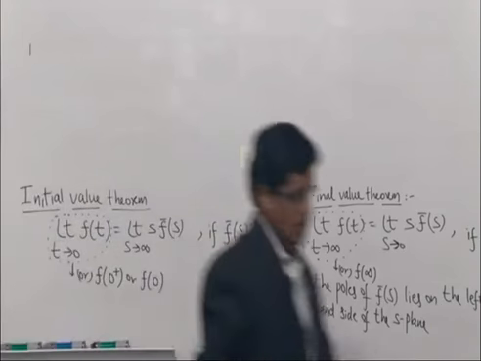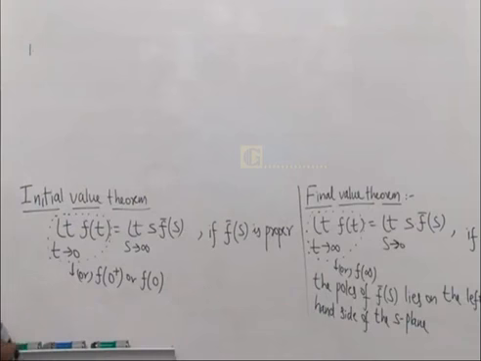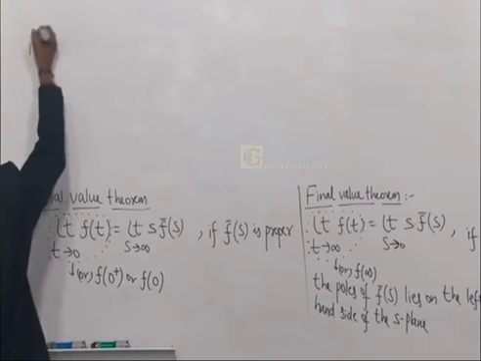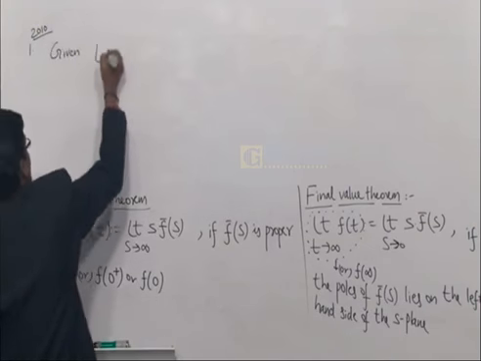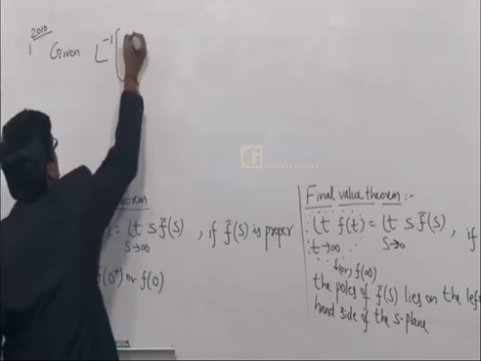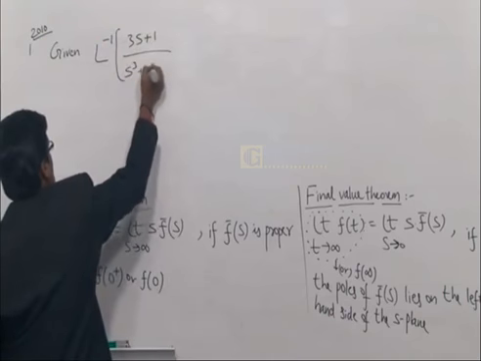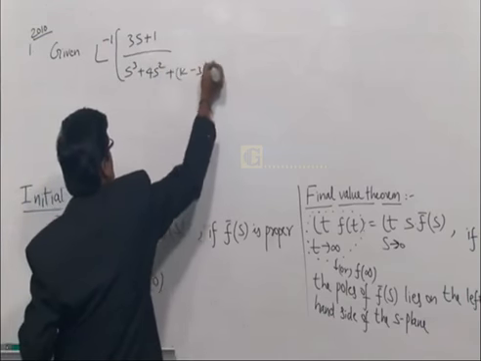Example 1, 2010. Given L inverse of (3s plus 1) divided by (s cube plus 4s square plus (k minus 3) times s).